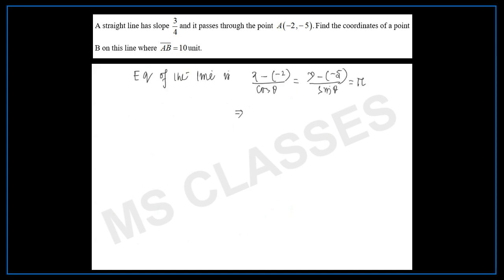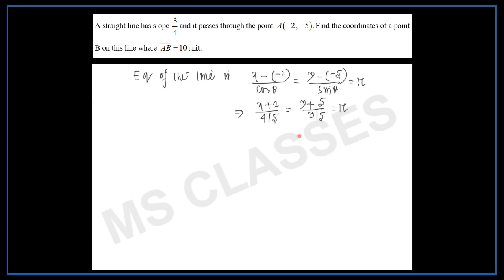Now we can put the value of cos theta and sin theta. So it is x plus 2 by cos theta, 4 by 5, and it is y plus 5 by sin theta, that is 3 by 5, equal to r. Now this is what we have got as the equation of the line.